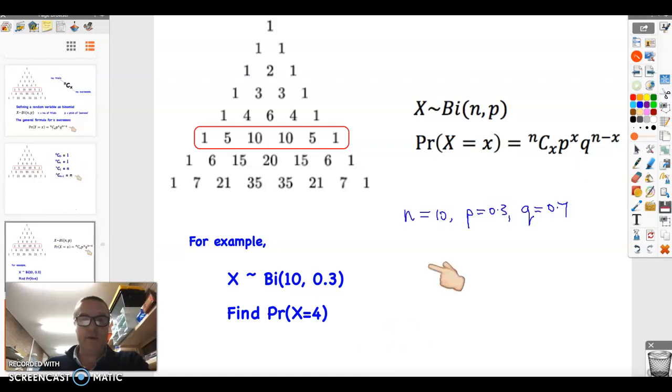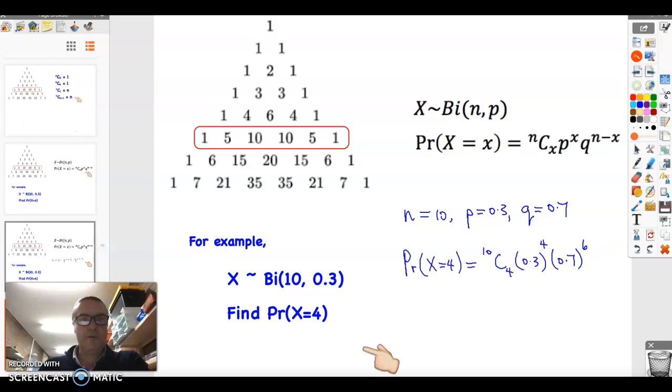First of all, we would note down the values of N and P, and the value of P's complement would give us the value of Q. And so we've got all of the values that we need and the formula. So the probability that X is equal to 4 would be 10C4, 0.3 to the power of 4, 0.7 to the power of 6. And eventually that gives us a rounded answer of 0.2.